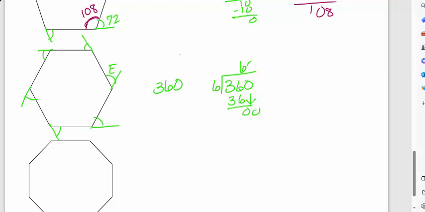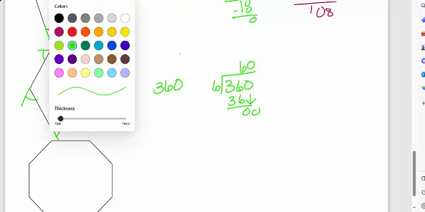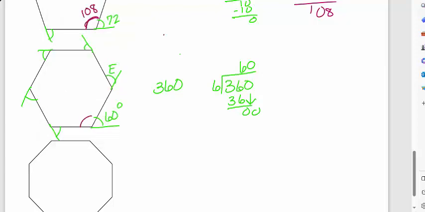It goes into 0 times. So each exterior angle here is 60 degrees. So to figure out the interior angle, we're going to do 180 minus 60. That's 120 degrees.